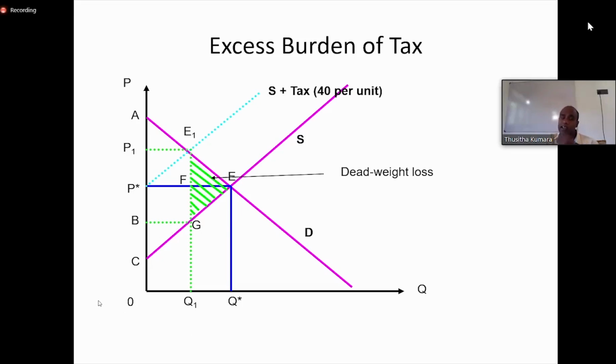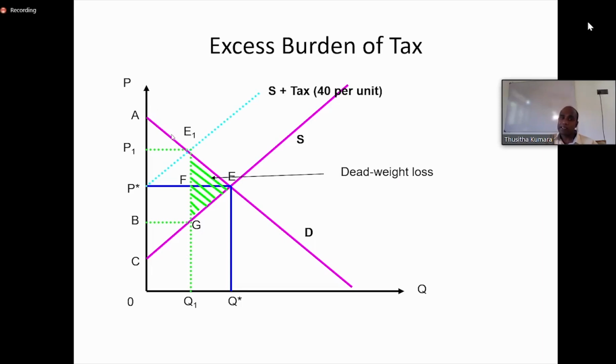Depending on the cost, they are setting their supply, but because of the equilibrium, they are getting this amount. Therefore, that difference is known as the producer surplus, P star E C. But now it is B G C. That is what I wanted to make clear. Right? The area of B G C is not the producer surplus.